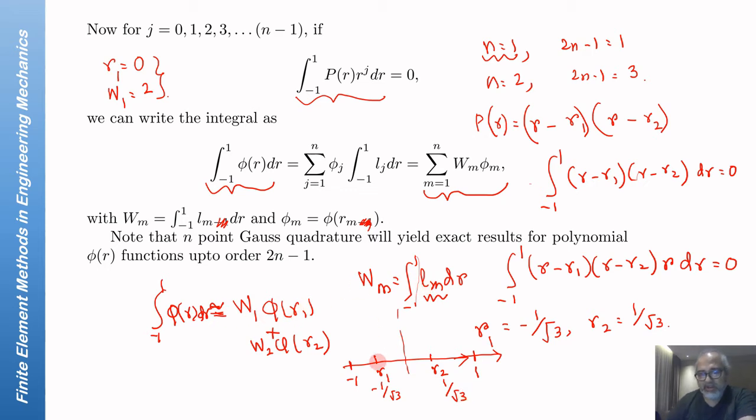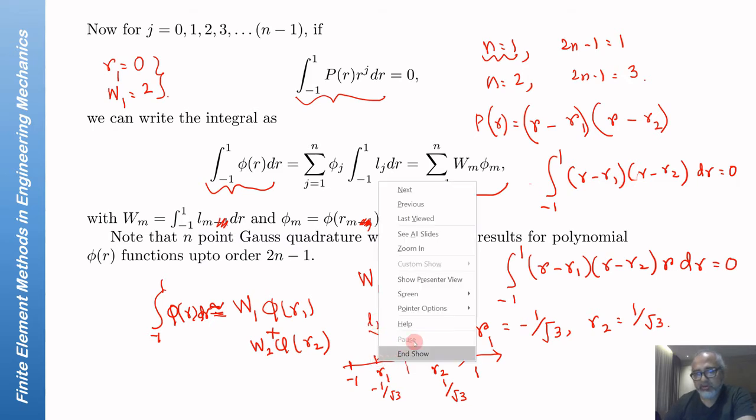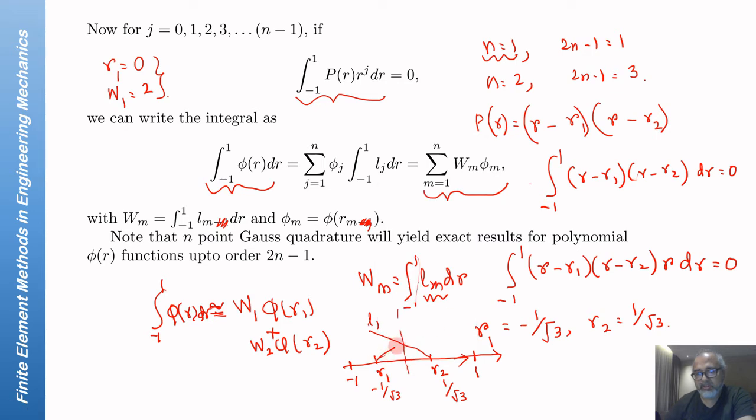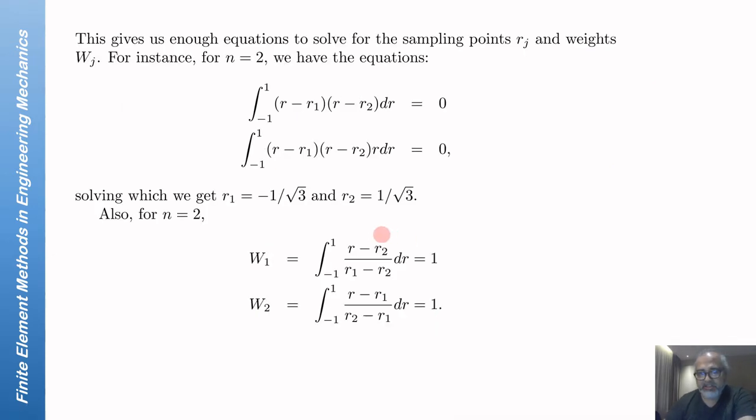This function L1 is 1 at r1, 0 at r2, so it has to be a function like this. This would be your L1, and L2 will be a function which will look like this. These functions can be easily found. This one at r equal to r2 will be 0, at r equal to r1 would be 1.